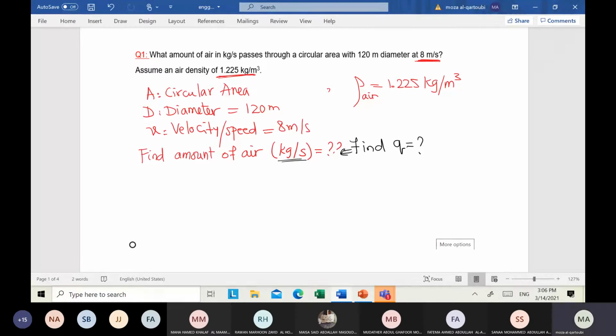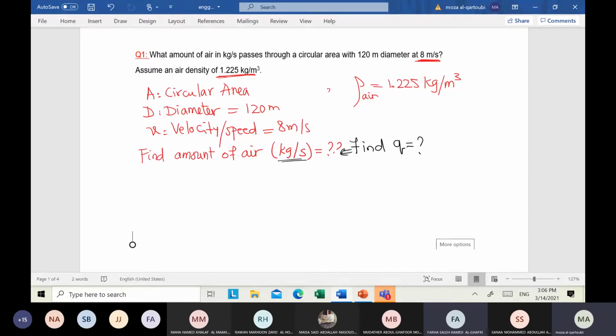Density times area of air, times velocity.